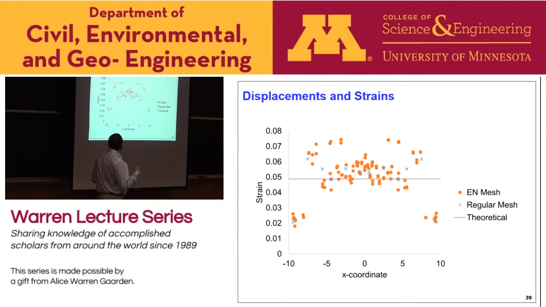On the other hand, the strains are much more distributed, so there is a lot more variation in the strains. The theoretical strain in this case was 0.05, but the distribution is much higher for the extraordinary node case, which is expected because you are introducing some irregularity in the mesh itself.